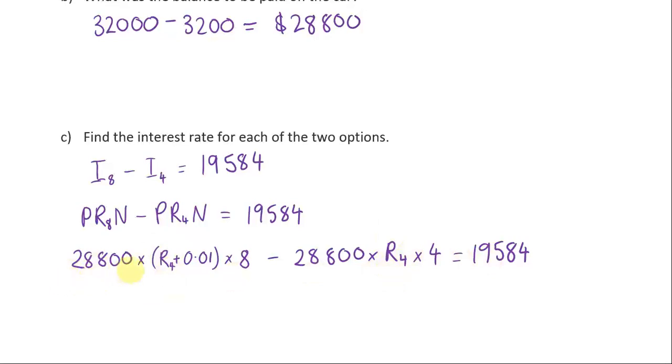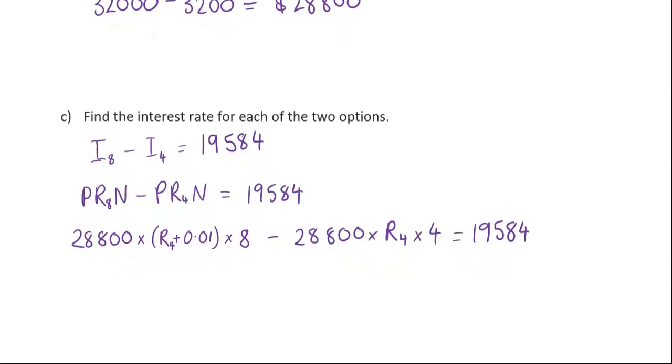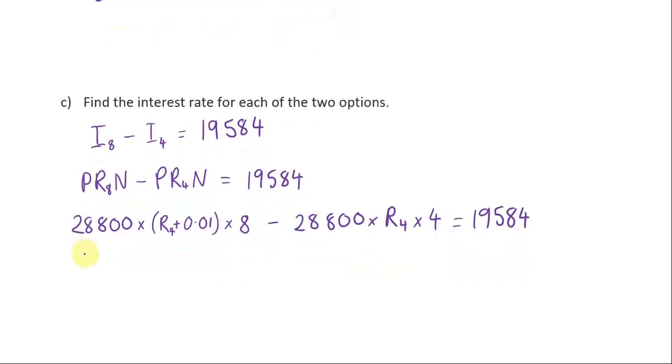Here we've got 28,800 times 8, which gives us 230,400 times R4 plus 0.01. So here I've done 28,800 multiplied by 8.